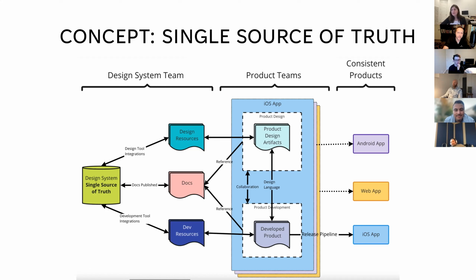Building new components, all that. And then you've got your product teams who are actually using these things. They're referencing your documentation, probably a website that shows all of your docs. They're using the design resources to design their product prototypes and for user testing and whatnot. And then the developers are implementing the code that's defined in the design system into their development products.